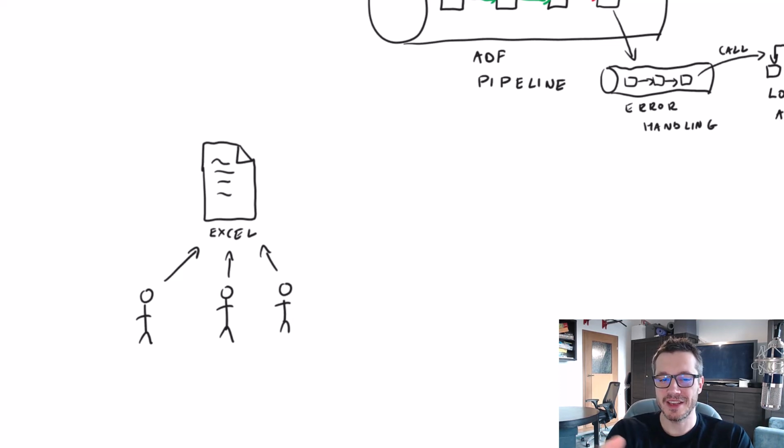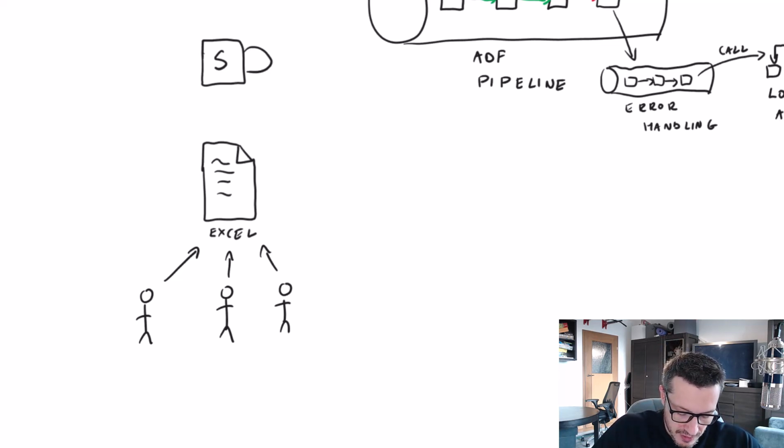Instead of sending different versions of the Excel file via mails to every member of the team, what is often done is to simply put this file into SharePoint Online nowadays, which is this big collaboration platform from Microsoft. So this is SharePoint.